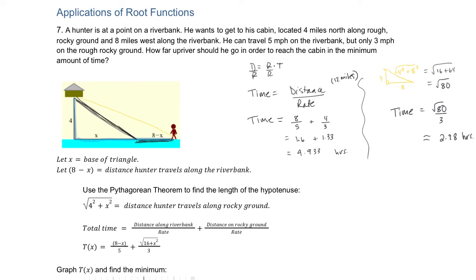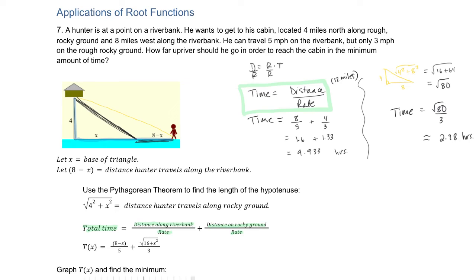We're going to use the fact that time is equal to the distance divided by the rate, and we're going to try to minimize the time. We're going to have him traveling along the riverbank for part of his trip, and on rocky ground for part of his trip.